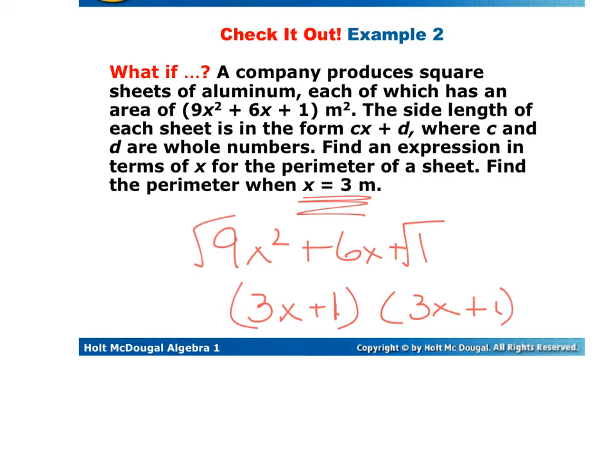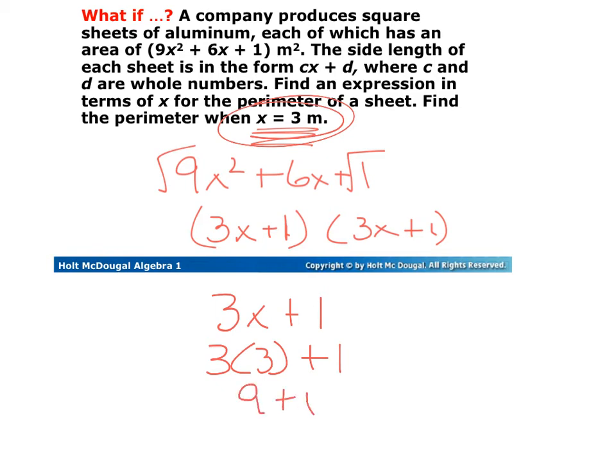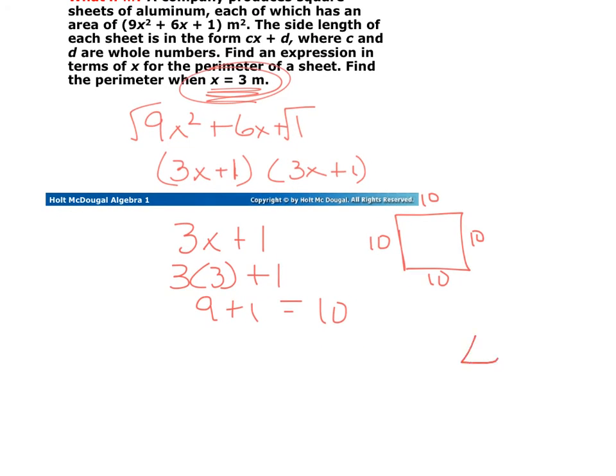So here, if it says to find the perimeter, what I'm going to first do is take my side length, my 3x plus 1, and put in this 3. And then I'm going to multiply and add. And I can see that each side of my aluminum sheet is going to be 10, giving me a perimeter of 4 times 10, which will be 40.